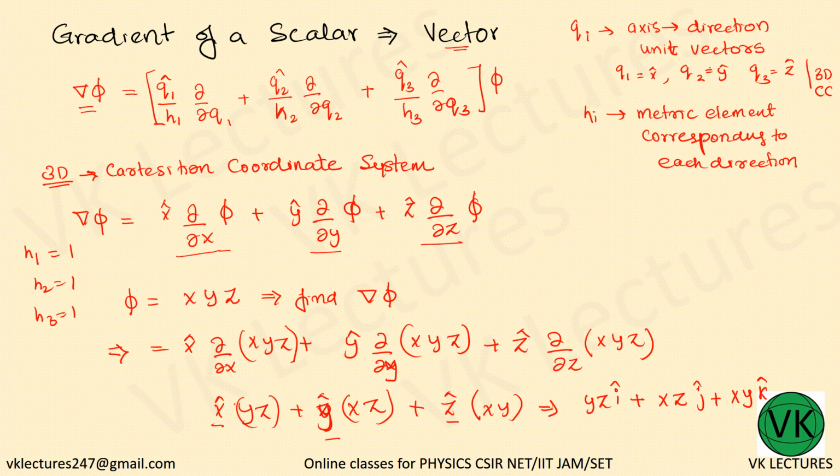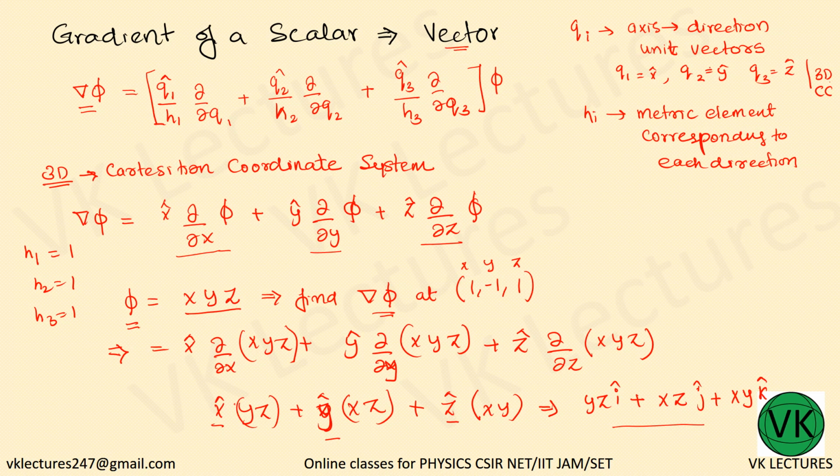All right, now phi is a scalar quantity. You do not have any direction to it. xyz is a scalar quantity. Now del phi, what we are getting is a vector. Now sometimes in the question it will be del phi at (1, -1, 1). So you have to substitute for x, y and z, and you will get the corresponding vectors.